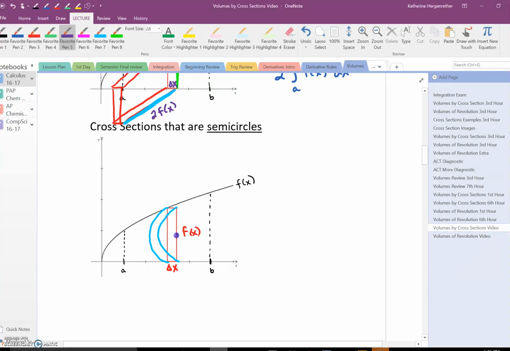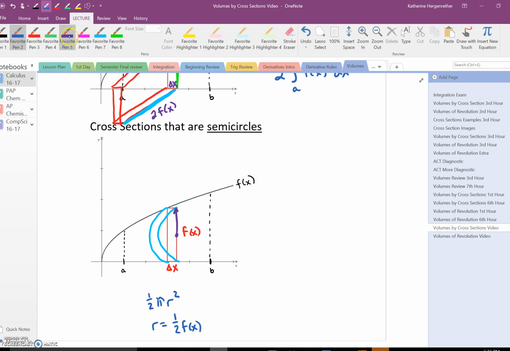Well, then you also have to realize that that is also a radius of the circle. So from the center this way or the center up, out at you, that's also a radius. So when we write our equation for this, we would have a semicircle, which would be 1/2 pi r squared. That's all we'd have to know for a semicircle. Well, we see that our radius is not f of x, it's half f of x.